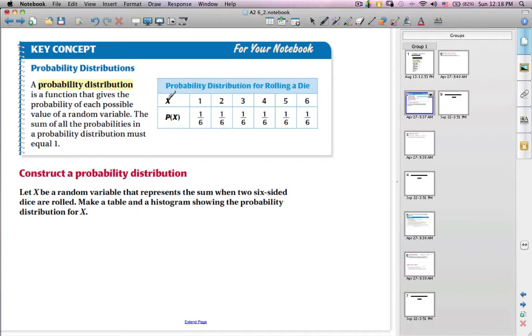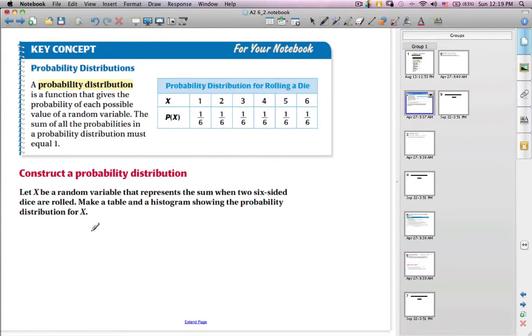So the rolling of the die becomes the random variable. What am I going to get? It's going to be totally random in terms of which side comes up. And then what's the probability of each of those things happening? So in the case of rolling a single die, the possibilities are 1 in 6 for each different thing happening. Okay, so this is the probability distribution for rolling one die.